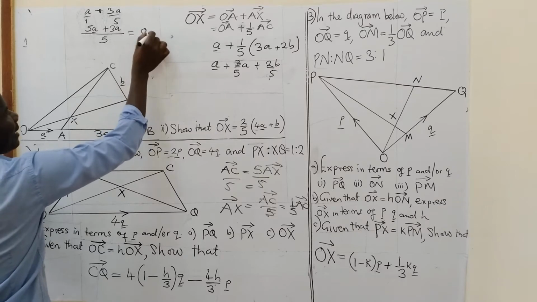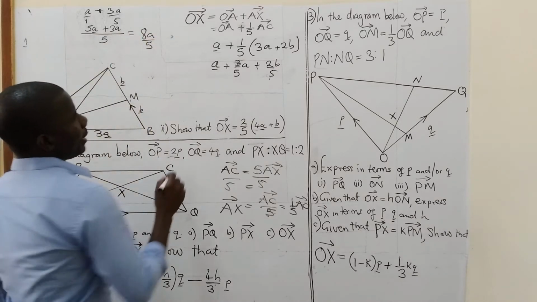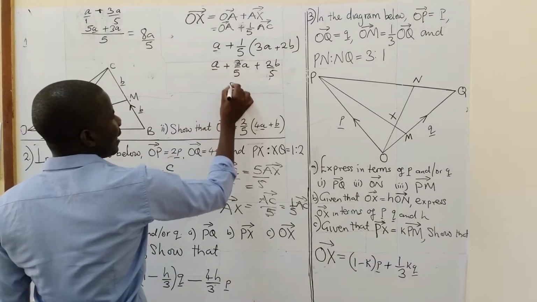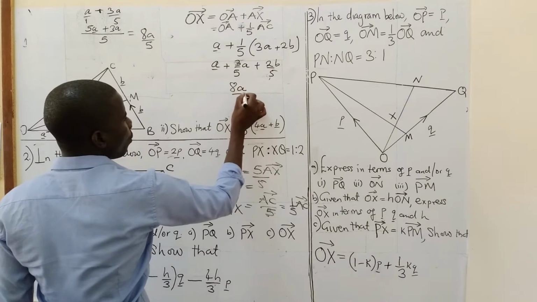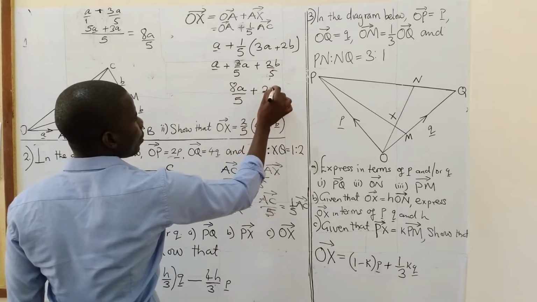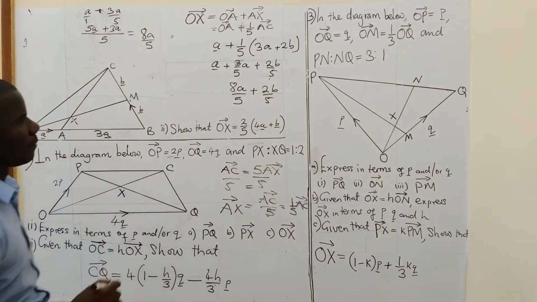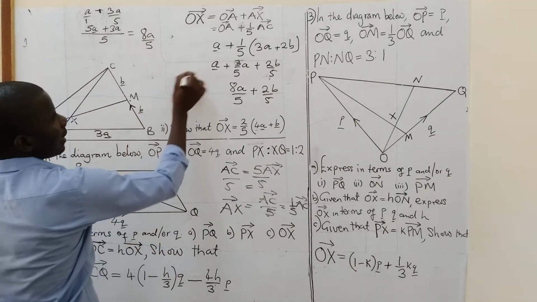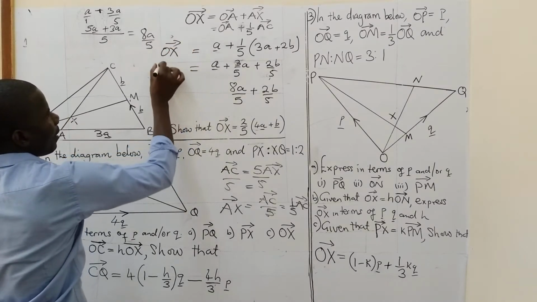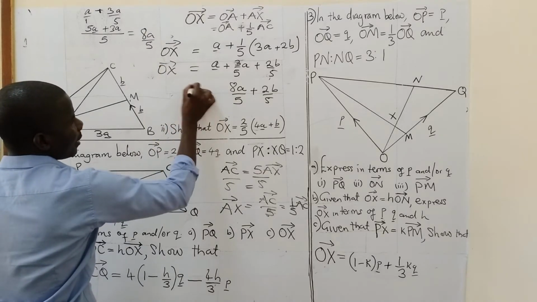We're going to get 8a over 5. So when we simplify these two, we are going to get 8a over 5 plus 2b over 5. Remember that here we are having A, even here we are still having the same thing.